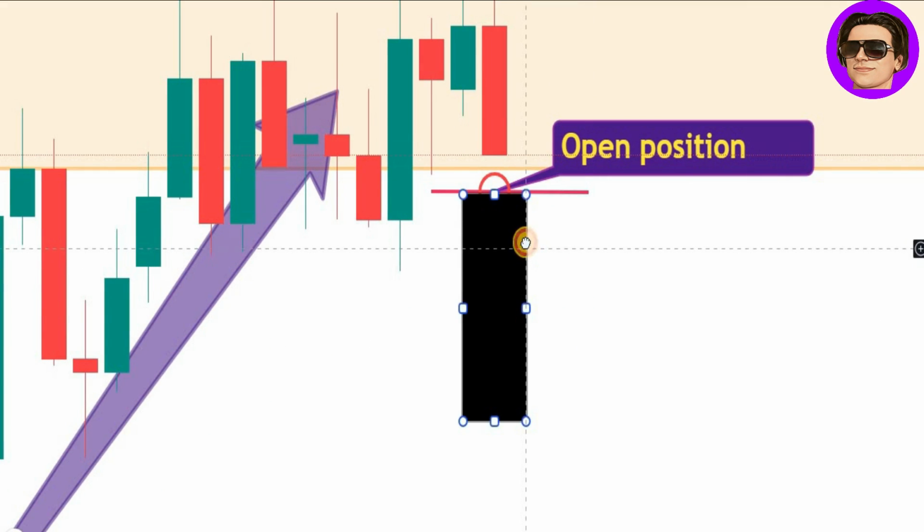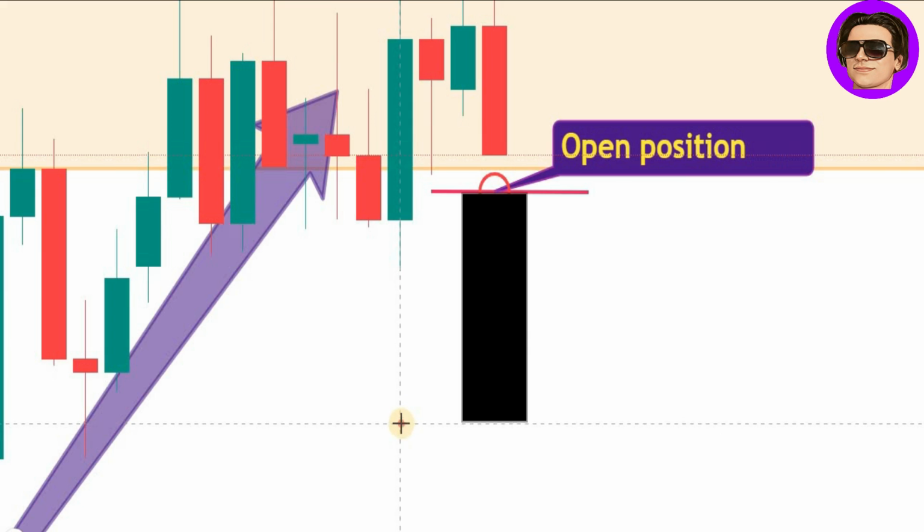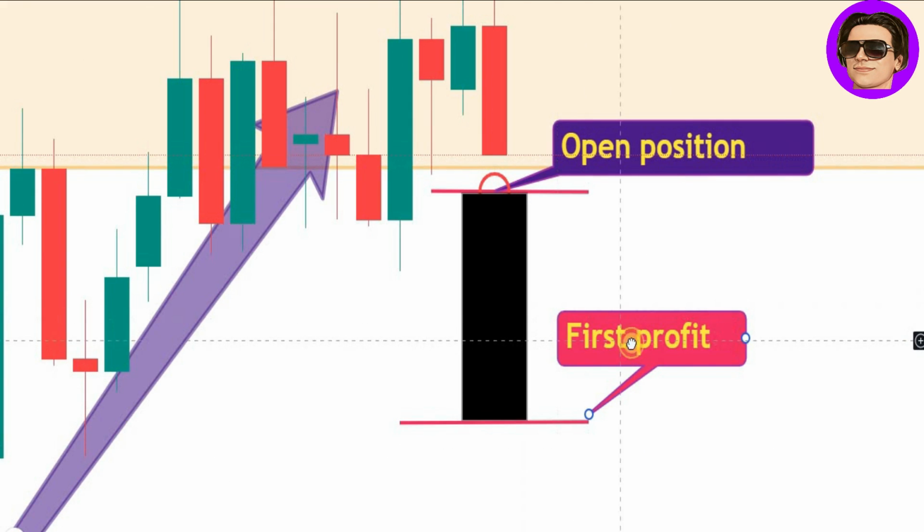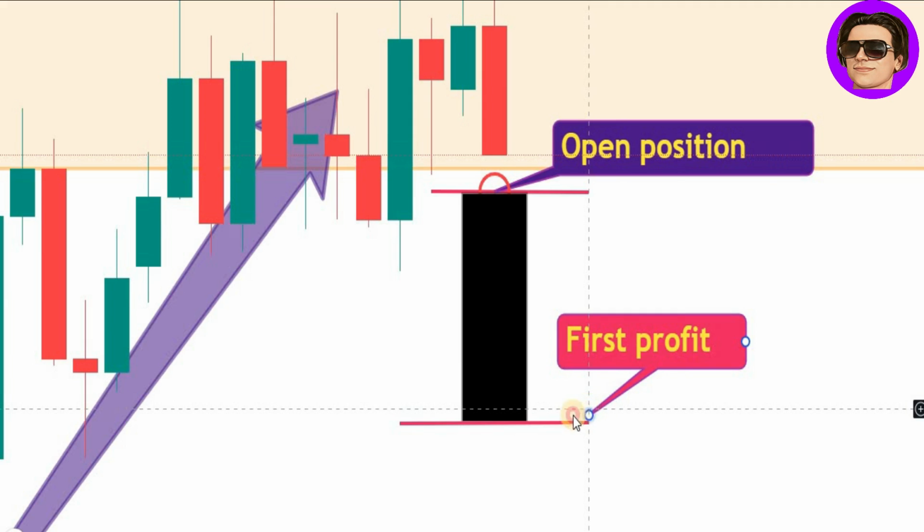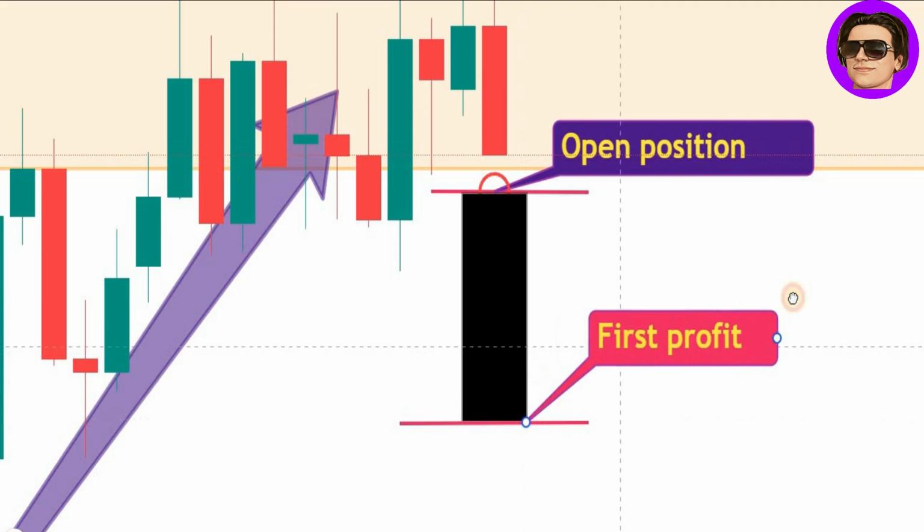Okay, the same size is a first profit. One profit, this point. One profit is the same size as the return candle, first profit, this point.